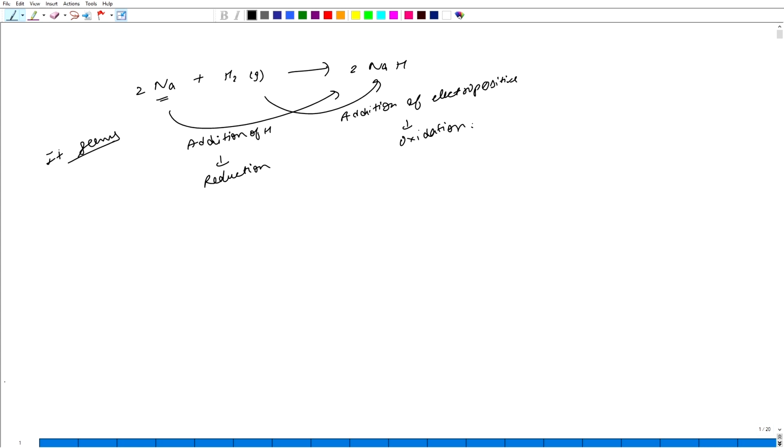Initially it seems like this if we see it from the earlier perspective, but now we know about the electron transfer process also. So, let us try to see this reaction by electron transfer.